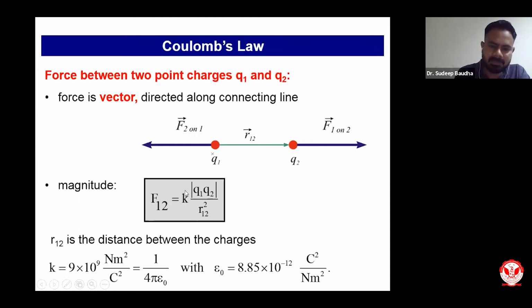In many complex calculations, it becomes very tedious to evaluate 1 upon 4 pi epsilon naught every time. So instead, I can directly use K equal to 9 into 10 to the power 9 Newton meter square upon Coulomb square. So this is what we can do.